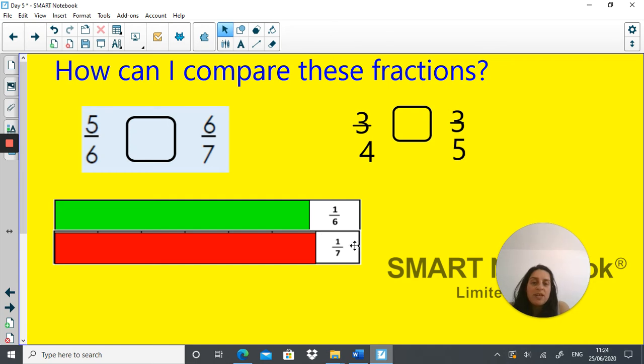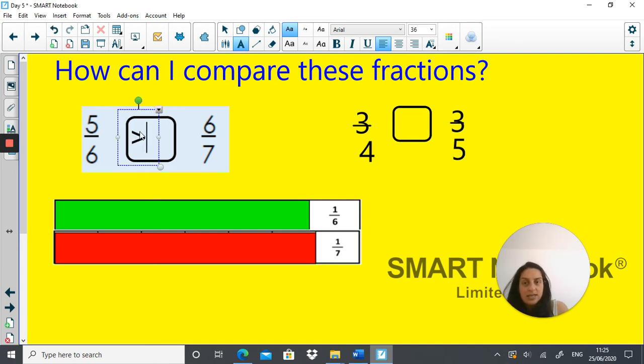This represents 1/7, which means that this red bar represents 6/7. And you can see that 6/7 is ever so slightly larger than 5/6. So 5/6 is less than 6/7. Well done for those of you who were able to look at the diagram and use it to help you.